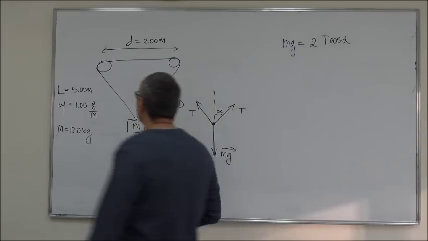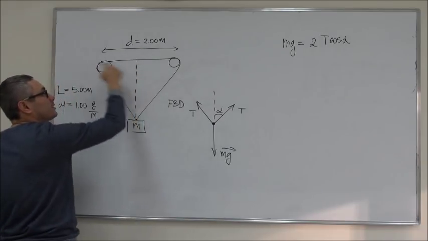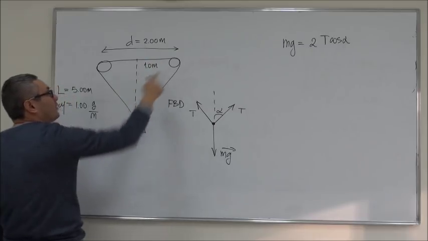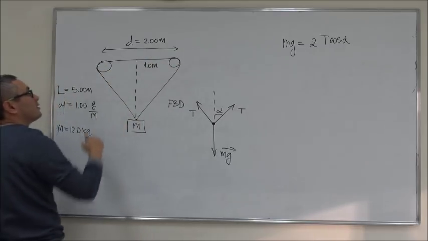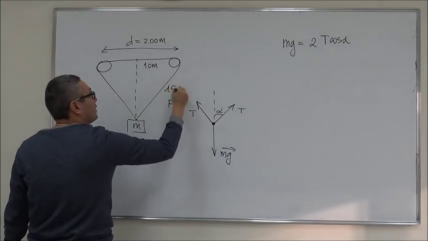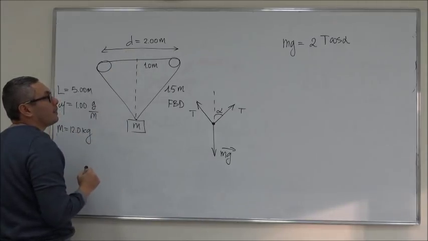And we can do that by looking at this picture here. So we know that this total length is 2 meters, so this is 1 meter. The whole thing is 5 meters, so each of these sides is 1.5 meters. So 1.5, 1.5, and 2, that makes it 5.